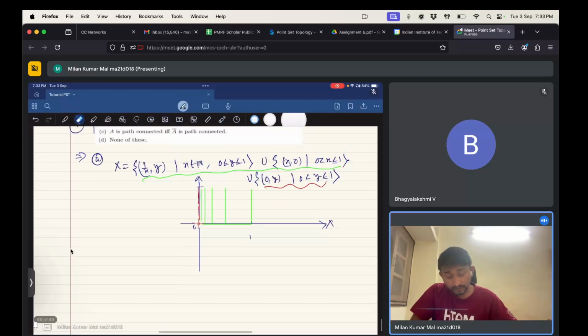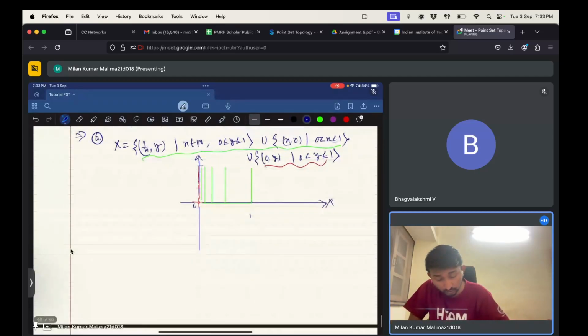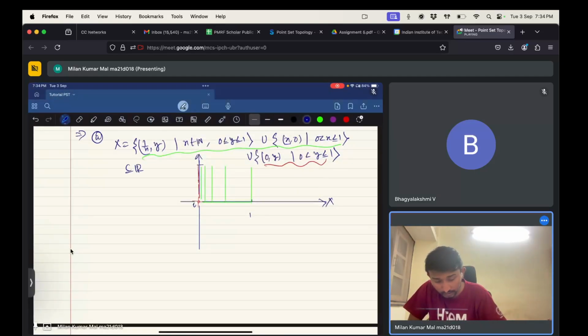So here what we have seen is that now consider the topology, consider the subspace topology. This full set is a subset of R square, right?